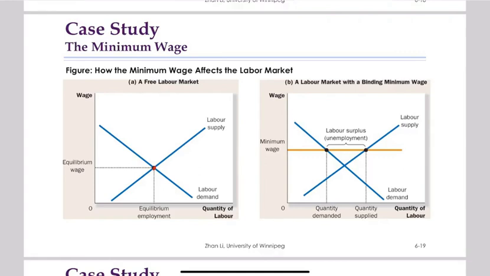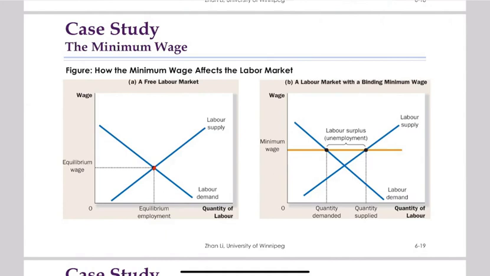Now let's say the government imposes a minimum wage, and let's assume this is an effective minimum wage, that is, it's binding. So here the minimum wage has to be larger than the equilibrium wage. And you can see that in this case, a surplus will happen if the minimum wage is binding, right?